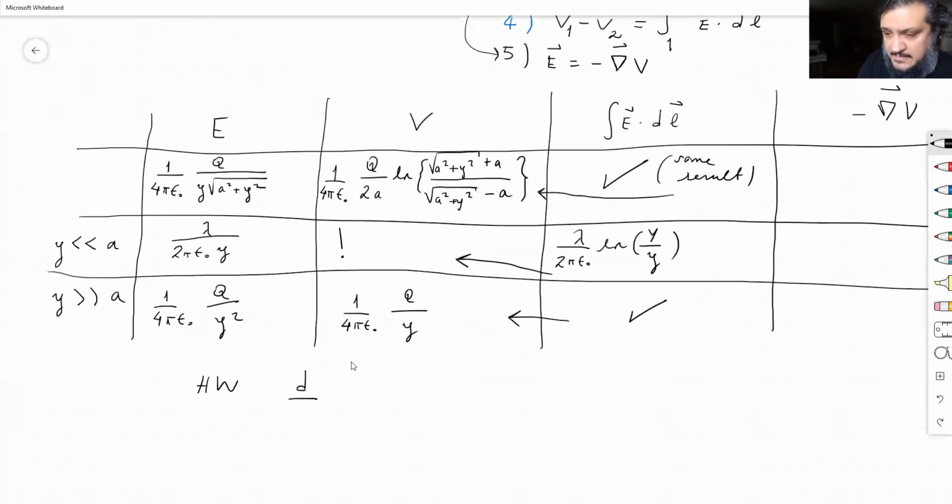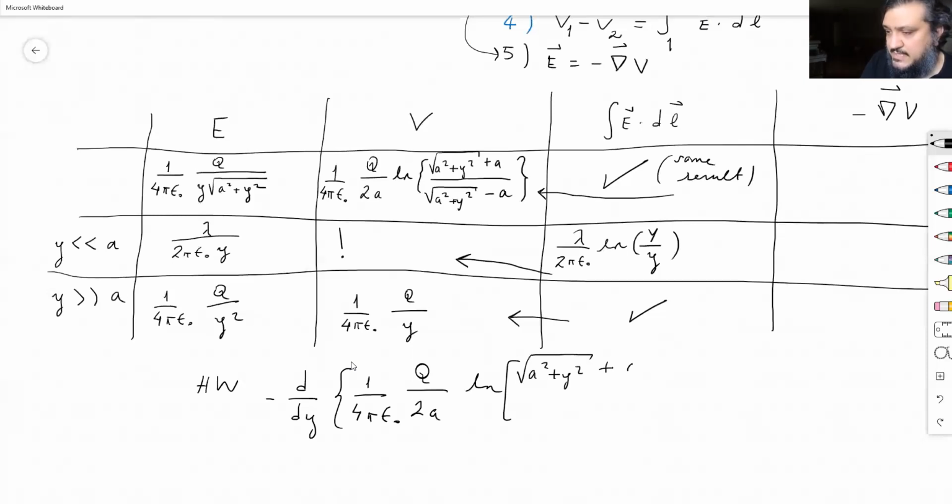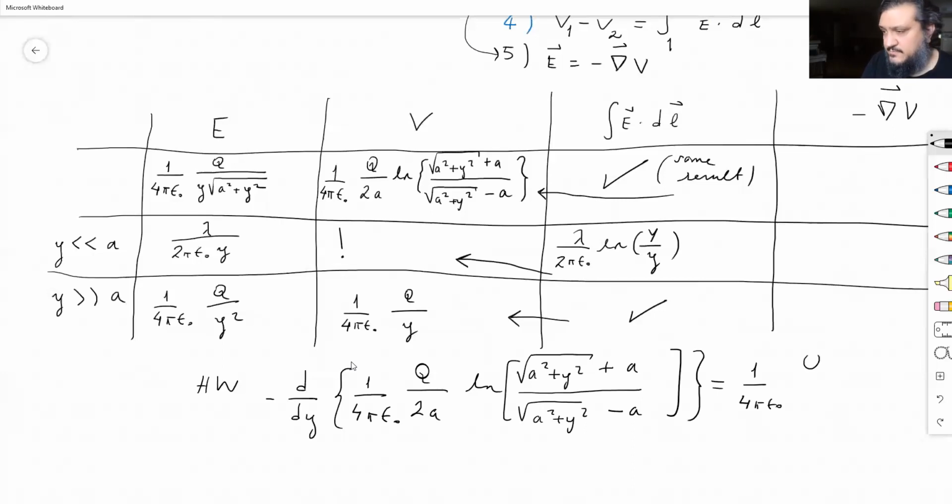Show that negative d over dy of this expression here, 1 over 4 pi epsilon 0 q over 2a times the logarithm of a squared plus y squared plus a divided by a squared plus y squared minus a, if you take a derivative with a negative sign, you will get the electric field on the left side, 1 over 4 pi epsilon 0 q over square root a squared plus y squared.